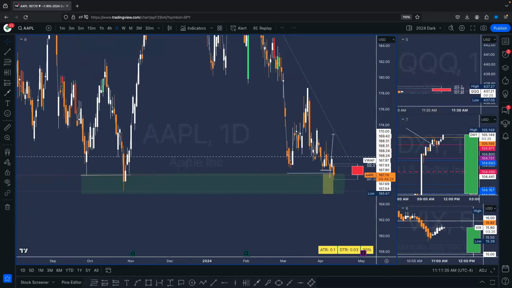$165. Let me look at some Apple swings. Apple, I'll be looking for. What does May 17th look like? Okay, May 17th. We're skewed to the put side on the May 17th.